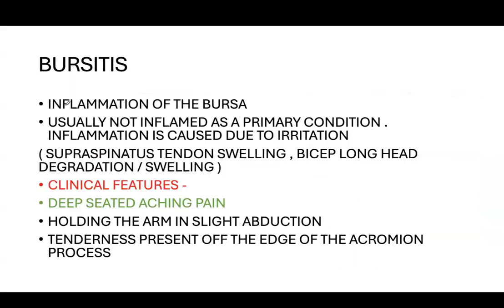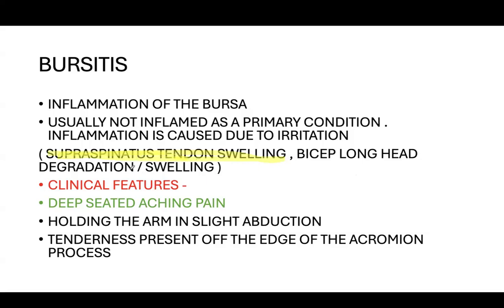Bursitis is a pathology of the bursa in which they're inflamed. Usually the bursa are not inflamed due to a primary condition, which means something is causing them to be inflamed. They're not inflamed by themselves. This something is usually irritation, which could be in the form of supraspinatus tendon swelling. You will learn that out of the rotator cuff muscles, or basically in general shoulder muscles, the most annoying one is the supraspinatus because it always seems to have a problem.